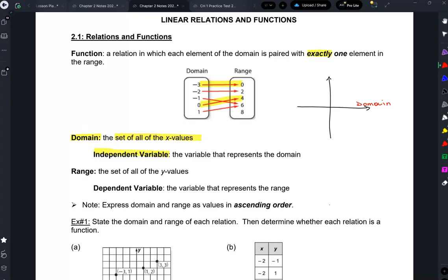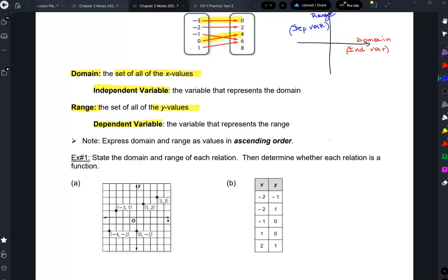It's all of the x values that exist, and this is the independent variable. Okay, the range is the set of all of the y values, and it's called the dependent variable. So all of the y values that exist for a function is the range, and these are the values in the dependent variable.